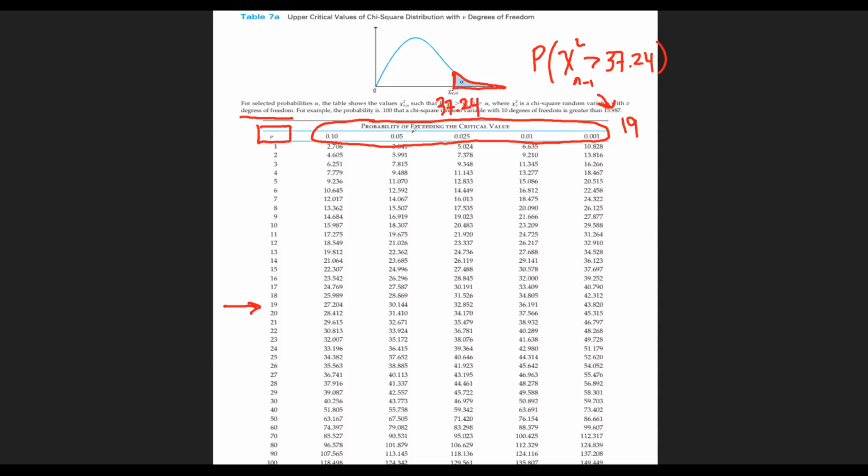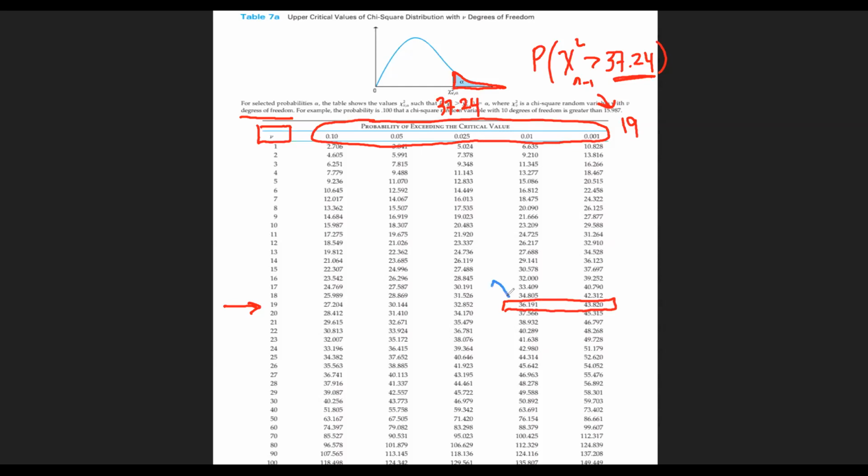Now, what's going to happen is I'm going to look for this number, 37.24, but chances are I'm not going to find it. But what I'll notice is it's in between these two values here. So let me highlight a different color.